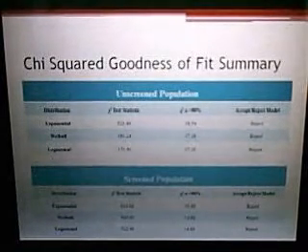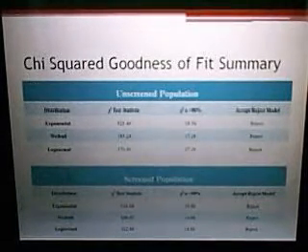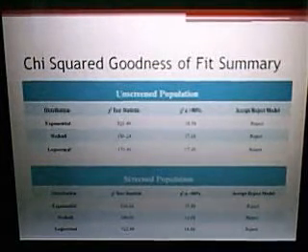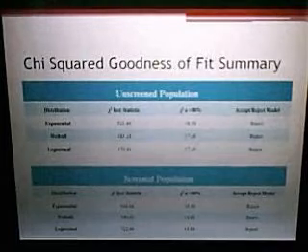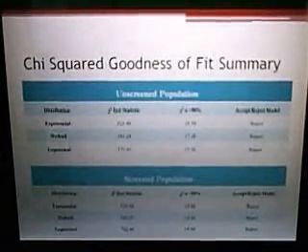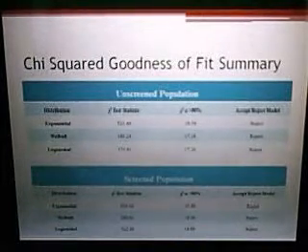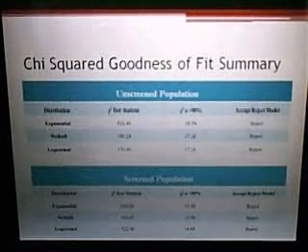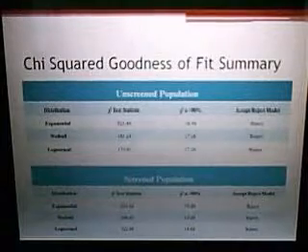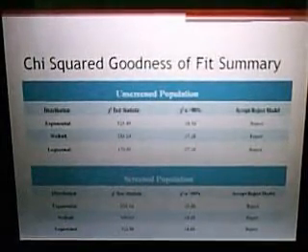We can see that in the exponential case for the unscreened population, all test statistics are greater than the given baseline chi-square value at the 90% confidence level. So we would reject every single one of these distributions. The same goes for the screened population. We can see that all test statistics are much higher than the baseline at 90%. So again, all of the distributions that we studied during this course would be rejected.